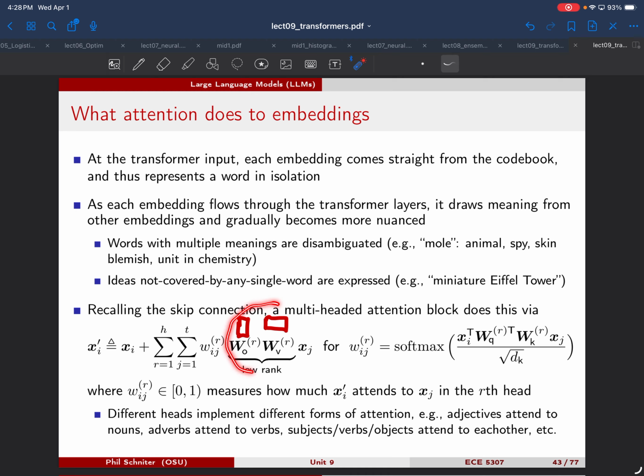And this is going to be a different low rank matrix for each head. So basically each head can work on very different subspaces within the embedding. That means you can have different forms of attention. For example, you might have adjectives attending to nouns, that would be one kind of attention. But then another kind is adverbs attending to verbs, or subjects, verbs, and objects attending to each other, and so on. That is what you get when you have different heads: these different kinds of attention going on in parallel.